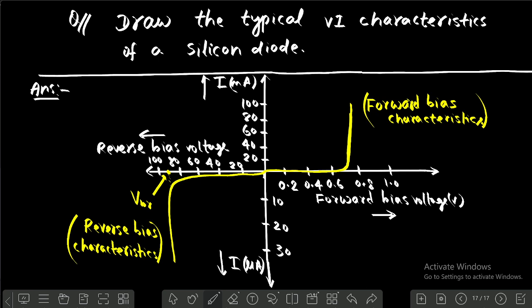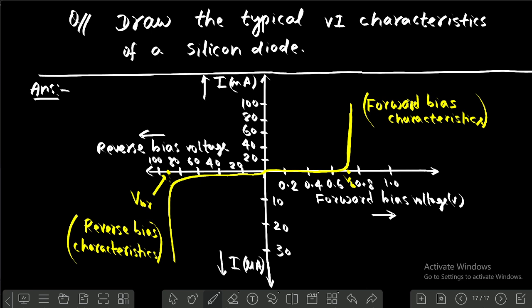All these points you have to mention. Here is VBR, and here one point is VB. Below the graph you can write VBR is the breakdown voltage and VB is the knee voltage. VB is also called barrier potential or knee voltage.